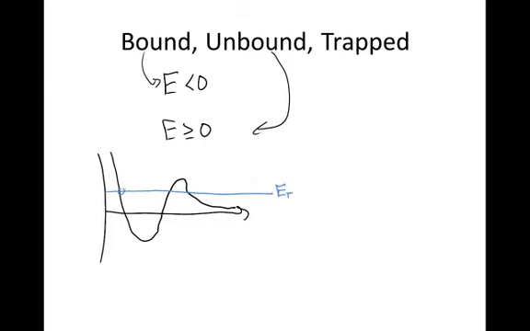So right here, here, and here is where the potential and total energy are equal. The kinetic energy would be negative in this region and in this region here.